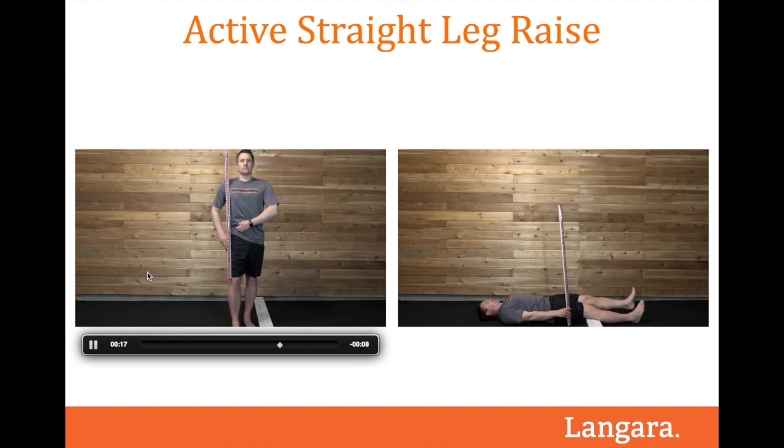The vertical line of the malleolus resides between mid-thigh and the ASIS, and the non-moving limb remains in a neutral position. That would be a score of 3. A 2 would be if the vertical line of the malleolus resides between the mid-thigh and the joint line. So it doesn't quite get to that midline, but it goes beyond the knee. And then the non-moving limb remains in a neutral position.